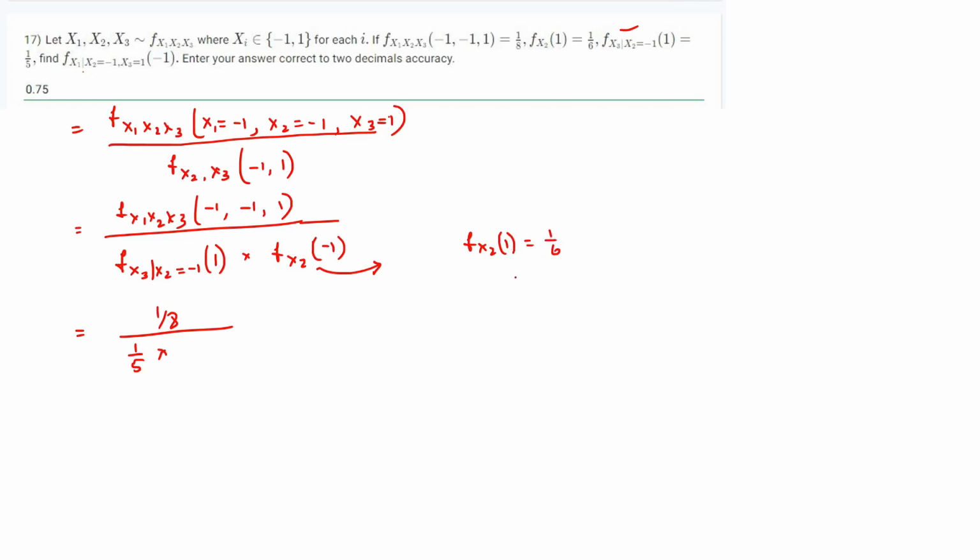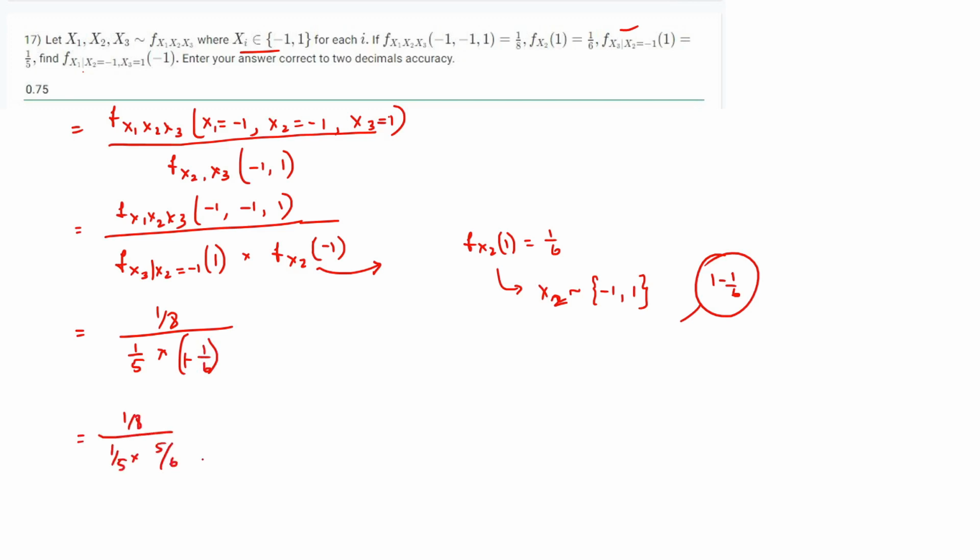Since x2 has only two values, -1 and 1, one of them is given, and the other one is nothing but 1 minus 1 by 6. So this value is 1 minus 1 by 6, and now that is equal to 1 by 8 divided by 1 by 5 into 5 by 6, which is equal to 3 by 4, that is 0.75.